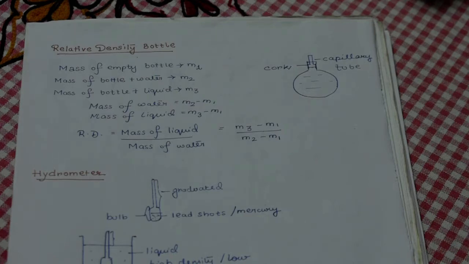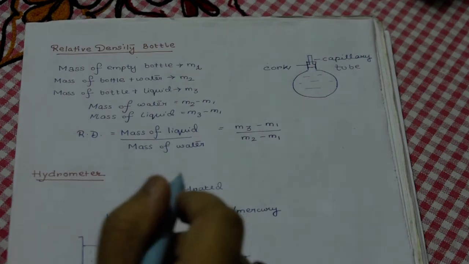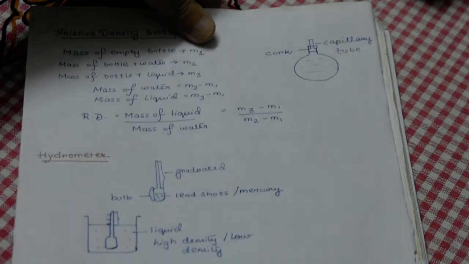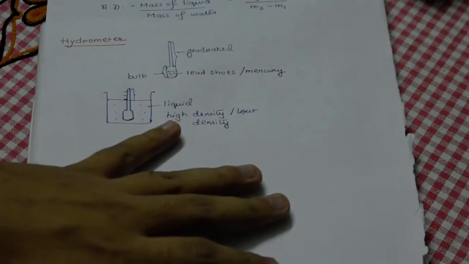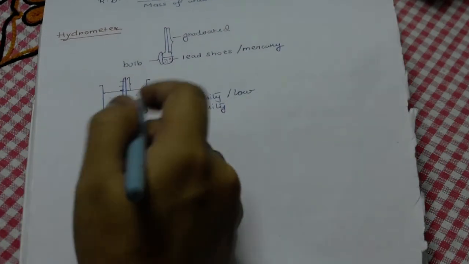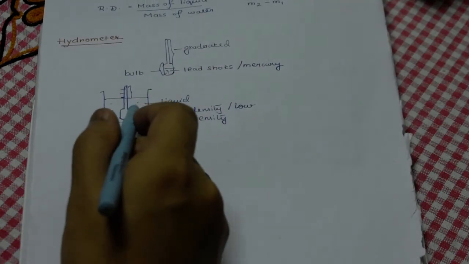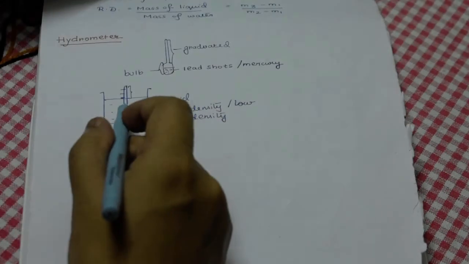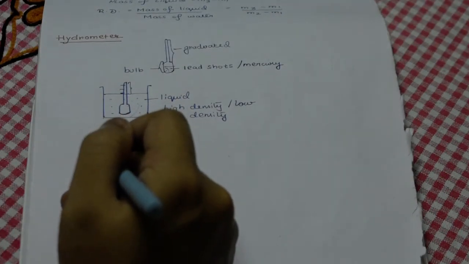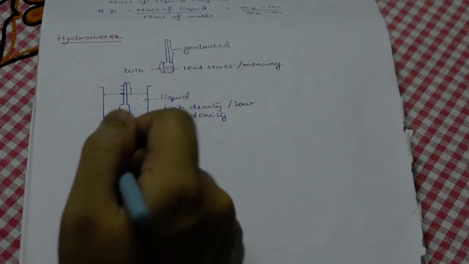That can be calculated using the markings, the graduations provided here. By seeing the graduations, we can come to know the density of the liquid. So the greater the density of the liquid, the higher it will float, and the smaller the density of the liquid, the lower it will sink into the liquid, because this is due to something called upthrust, and you shall be studying it in class 9.